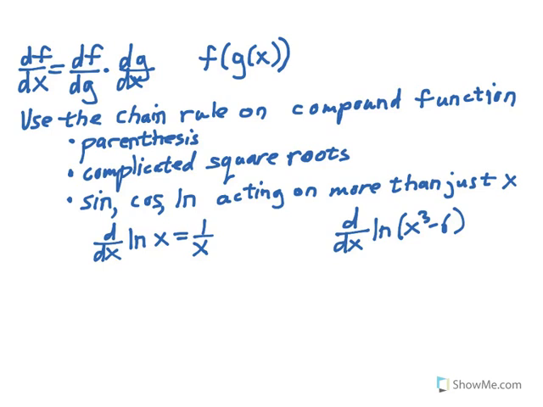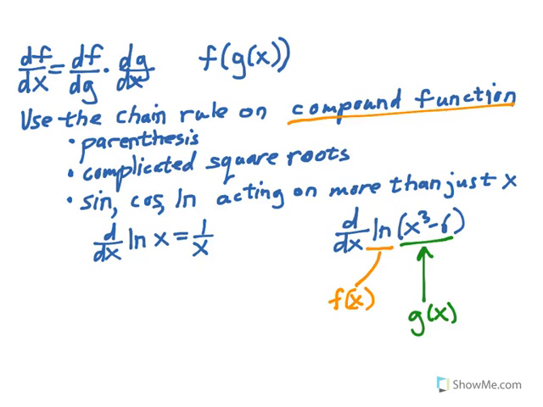Because here the x cubed minus 6 is your inner function, your g of x, and then the natural log part is going to be your f of x. So first step is to know when to use the chain rule, and like I said, the key term is compound functions.